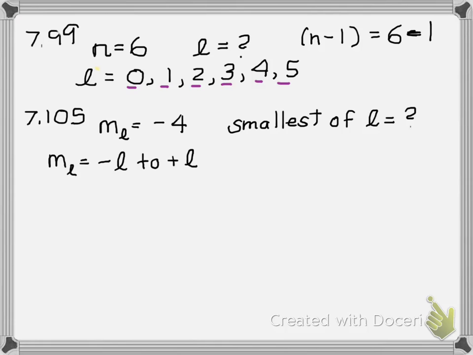So if we have an m sub l value of negative 4, that would mean that l equals 4 must be the smallest, because l equals 4 would be the first time we would get m sub l equals 4. So that would be the smallest l.